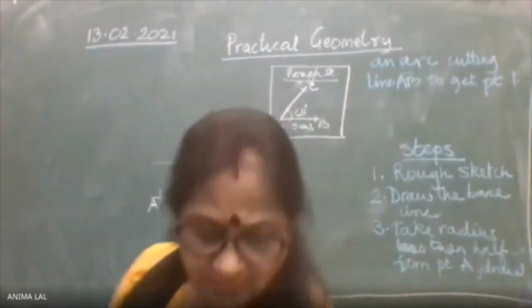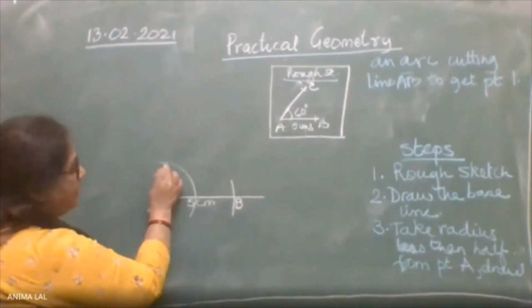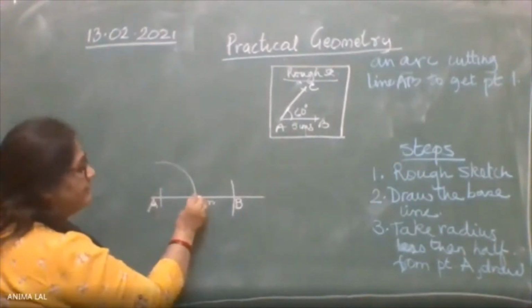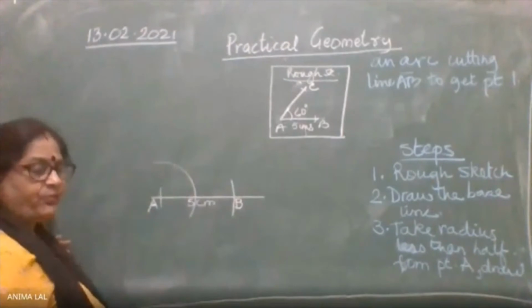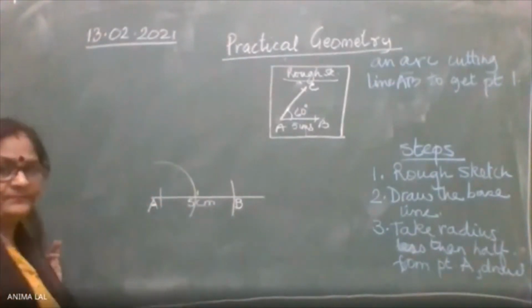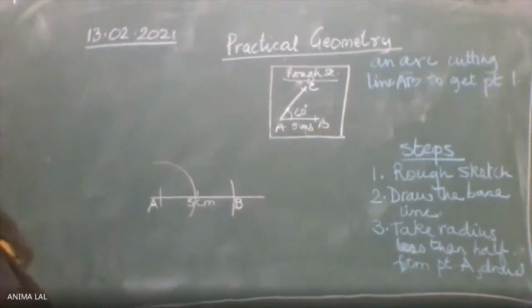This is the arc that I drew, right? I got where the two lines meet. This is the point. I mark this point as 1.